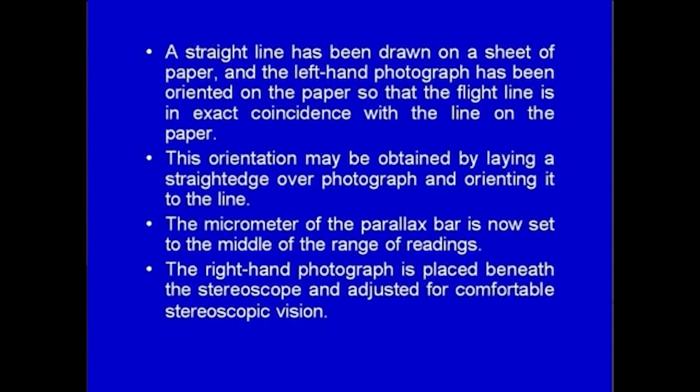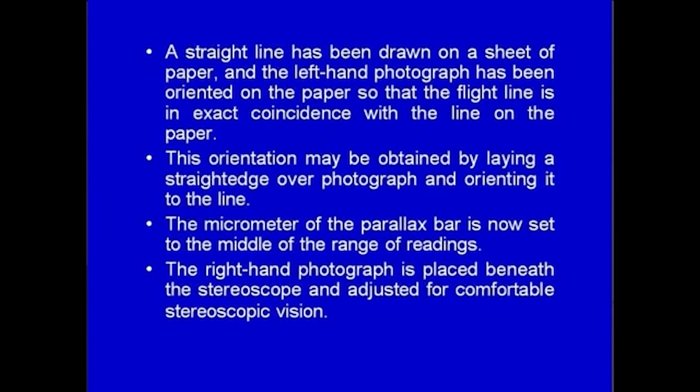A straight line has been drawn on the sheet of paper and the left photograph has been oriented on the paper so that the flight line is exactly in coincidence with the line on the paper. This orientation may be obtained by laying a straight edge over the photograph and orienting it to the line.